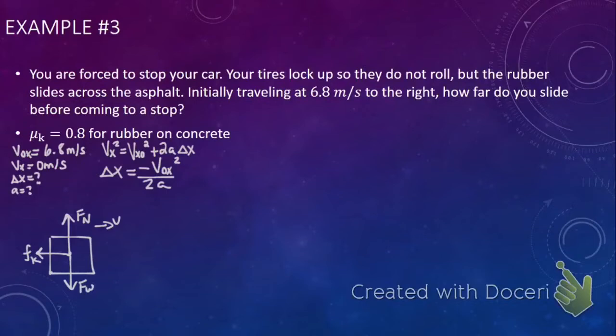So this is a level surface. We are not told anything about an incline, so we can assume a level surface. We are looking at the fact that the sum of our forces in the y direction is equal to m times acceleration in the y direction. We are seeing no y acceleration, so this term is then 0.